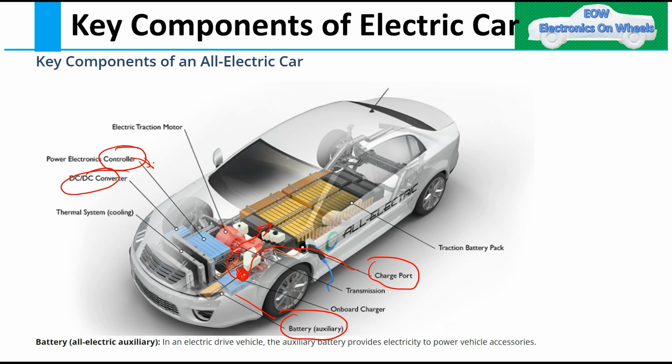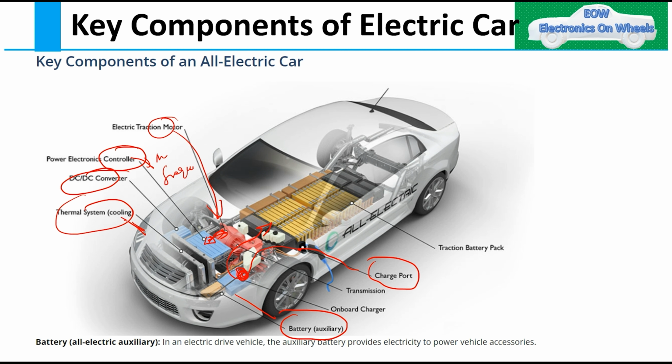The electronic controller or inverter is the same, which converts your DC to AC, and there are many other functions which the power electronic controller or inverter does. It also controls the frequency to control the speed of the motor. Sometimes it comes as a separate unit, but sometimes it comes as a single unit, controller plus motor.